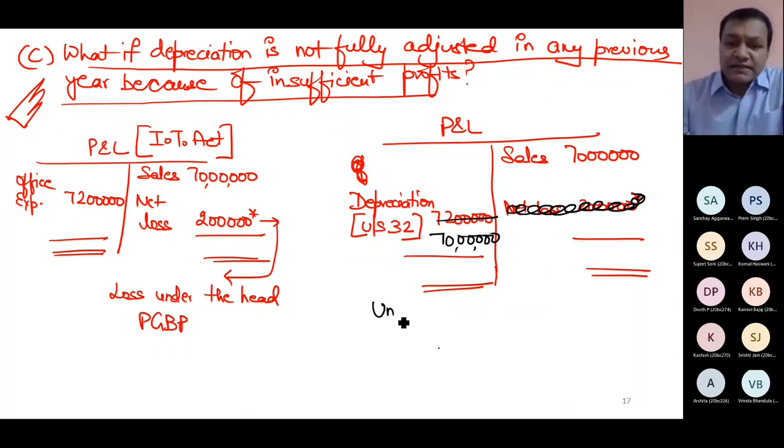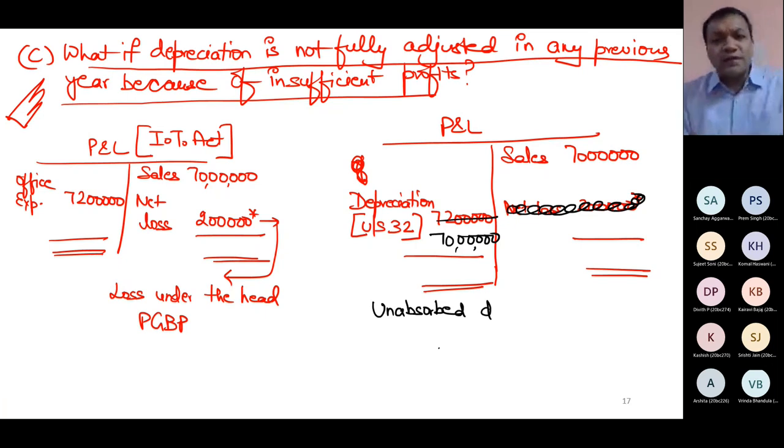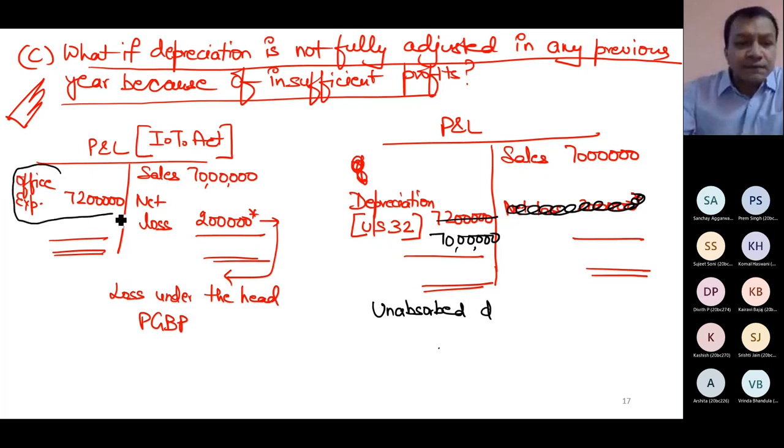I will say it as unabsorbed depreciation. If it is not fully adjusted, it will not be merged as a business loss. Office expenditure lost its identity. The moment in any year it is shown on the debit side, if not fully adjusted, it lost its identity and in future will be known as PGBP.